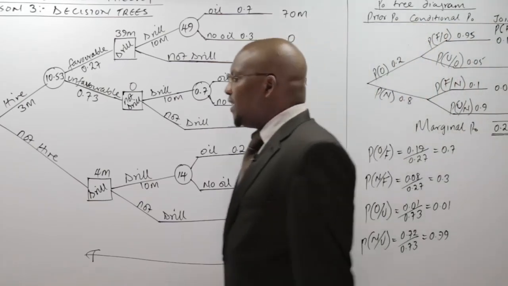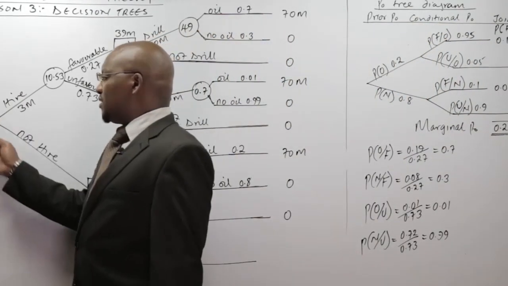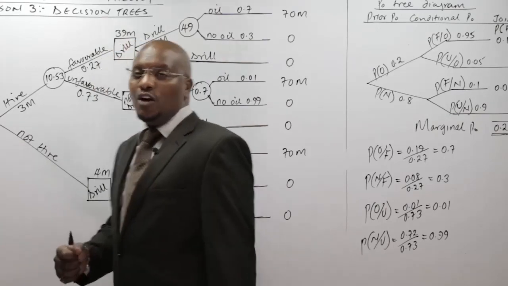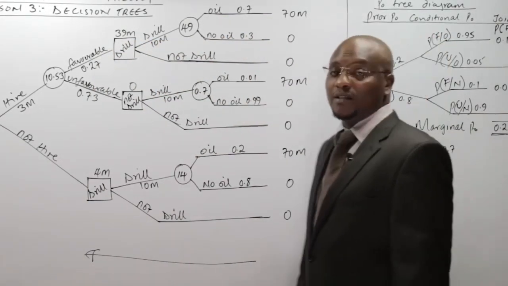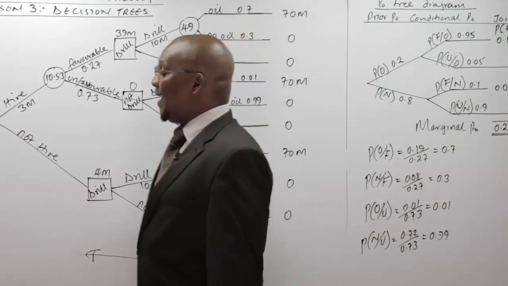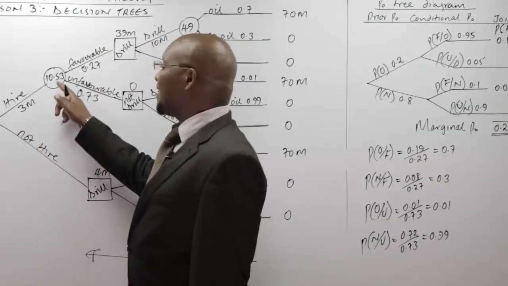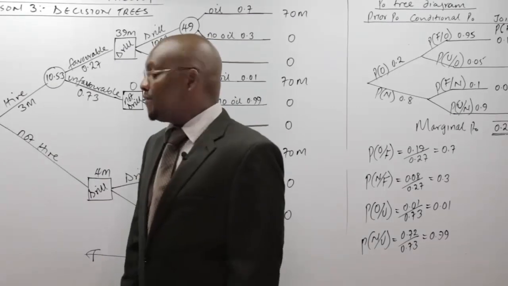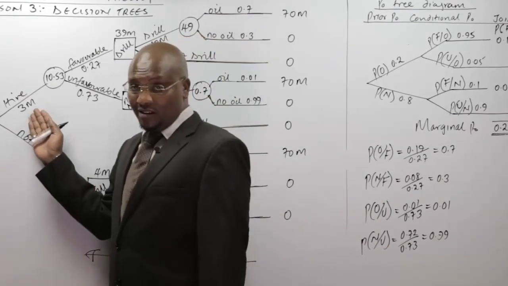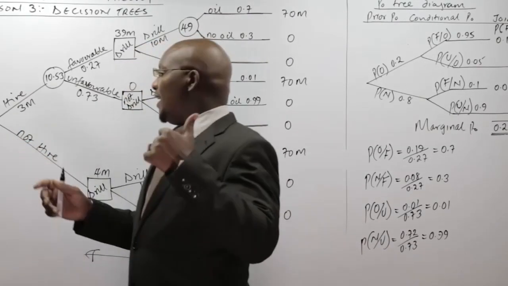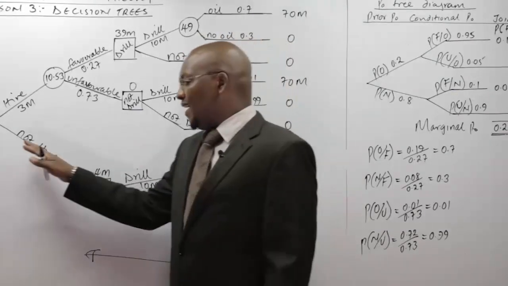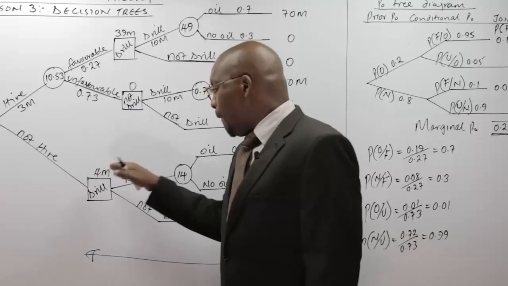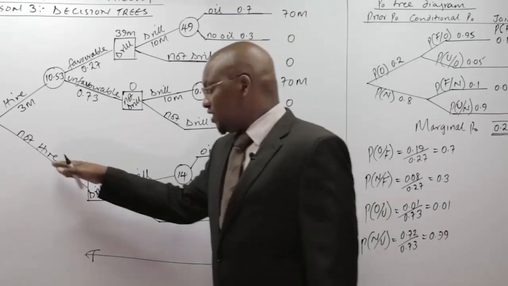Now finally, we come to where we started, where we compare. There's a box. Being a box, we compare and we make a choice. If we hire, we are going to make 10.53 million, but we are going to incur 3 million. So you'll make a net profit of 7.53. But if we do not hire, we'll only make 4 million with no cost here.